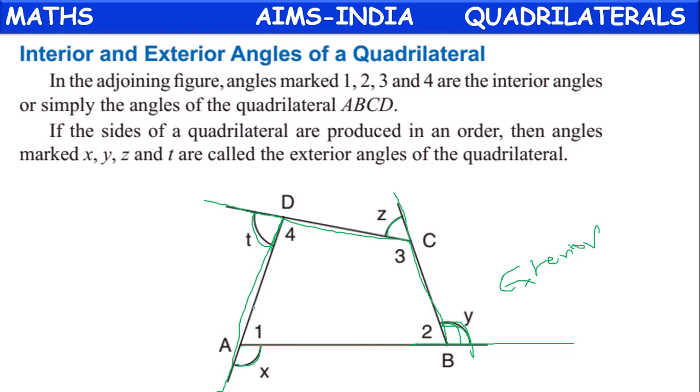But this 1 and X lie on the same line, because this is the line and this is the ray. So on the same side of the line, the angle sum will be 180 degrees. 1 and X form a linear pair. 1 plus X is 180 degrees, 2 plus Y is 180 degrees, 3 plus Z is 180 degrees, 4 plus T is 180 degrees. Like that we can tell.